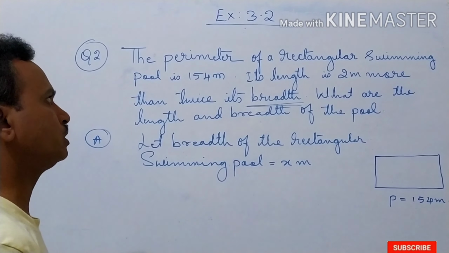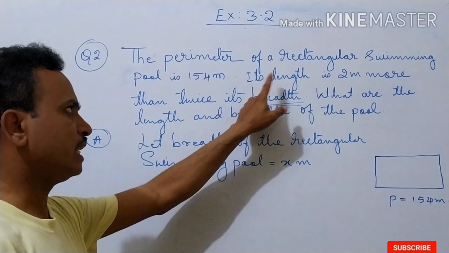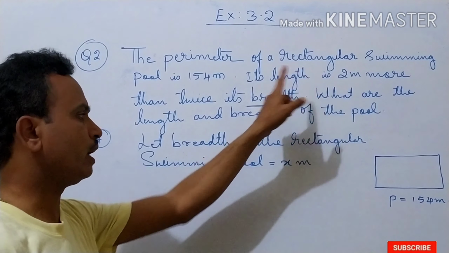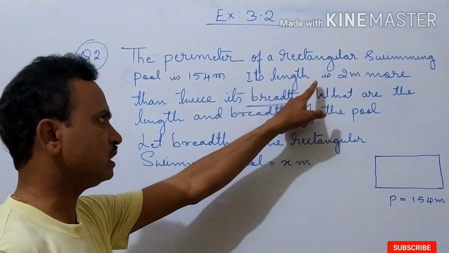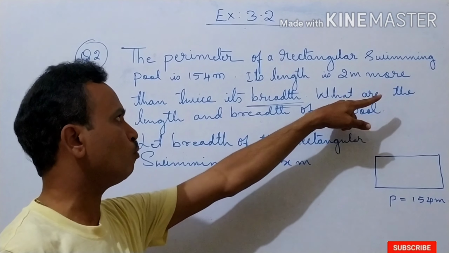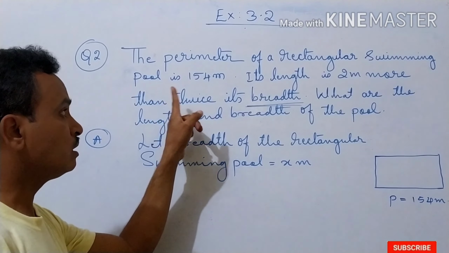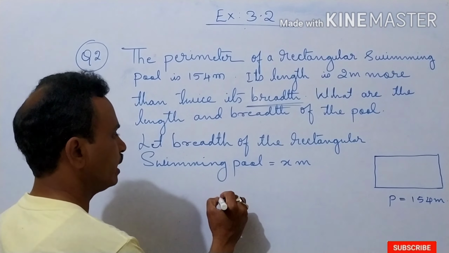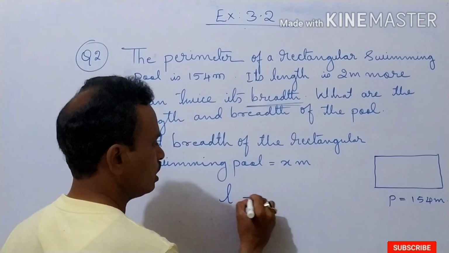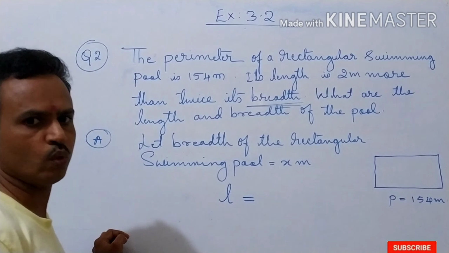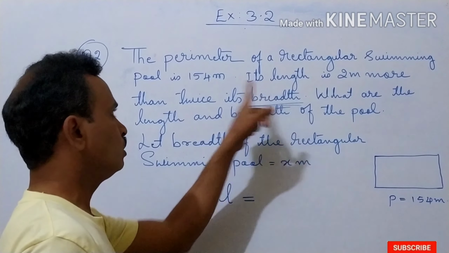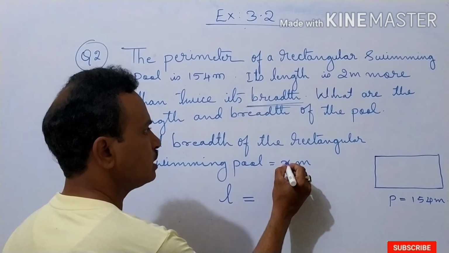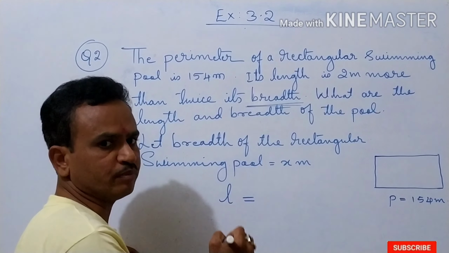So according to the question, what is there? Its length is 2 meter more than twice its breadth. So here the length of the rectangular pool, L is equal to, twice its breadth, and breadth we took as x meter.